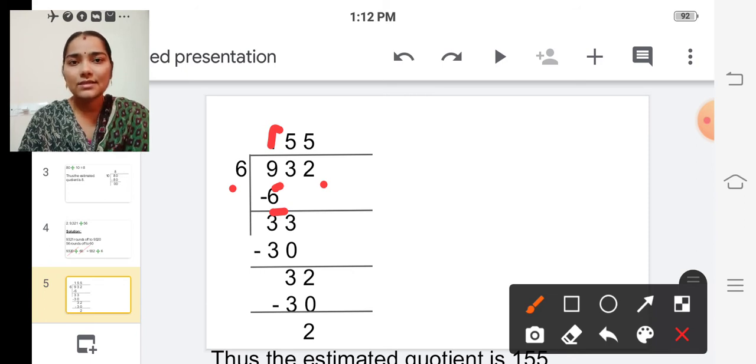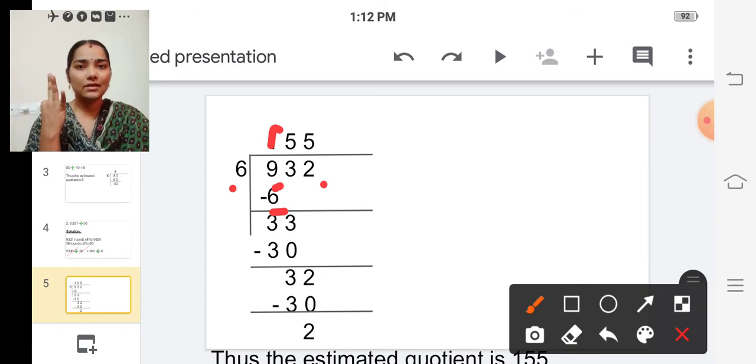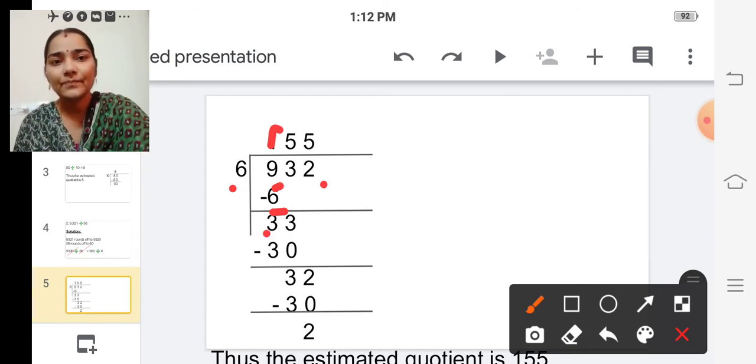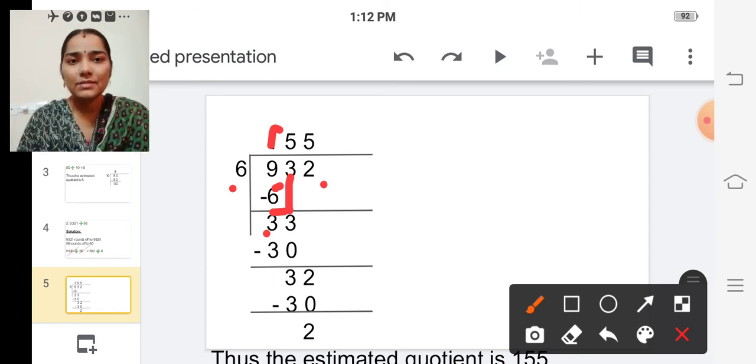After 6, count forward till you reach 9. After 6, 7, 8, 9. So the answer is 3. And bring down this 3 here. So the number becomes 33. And 5 6 are 30, and 6 6 are 36. So we cannot take 6 because 36 is greater than 33.